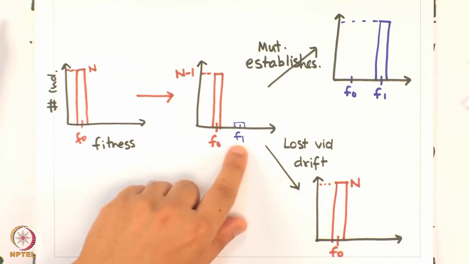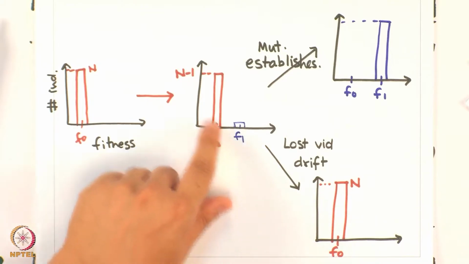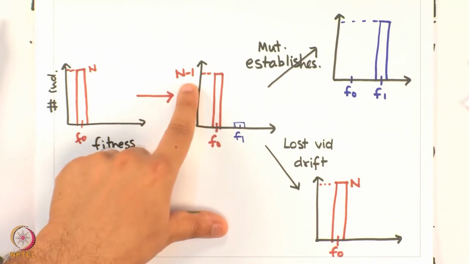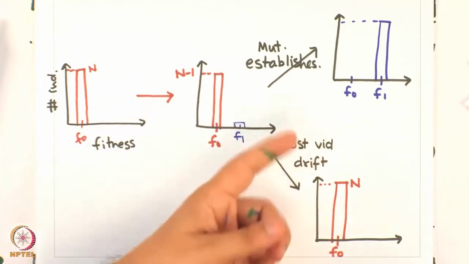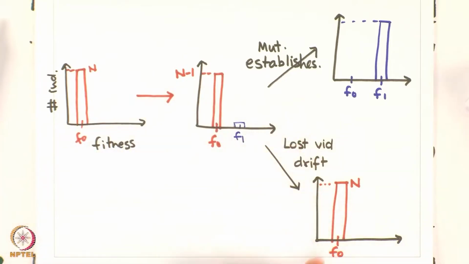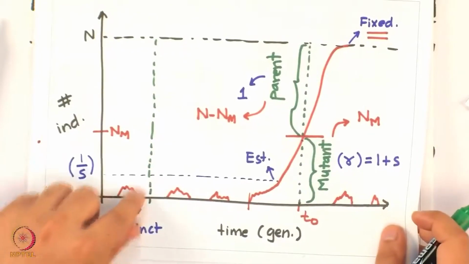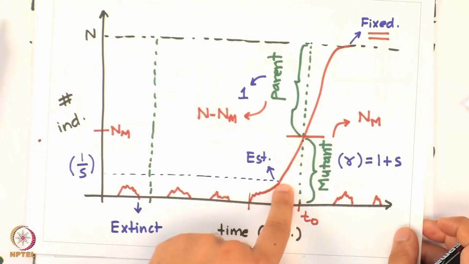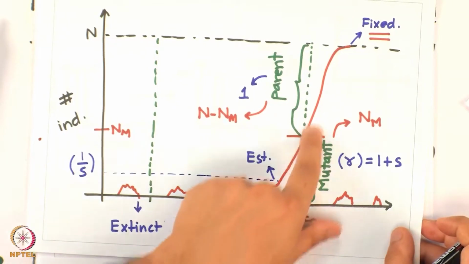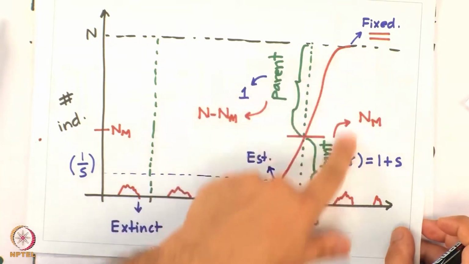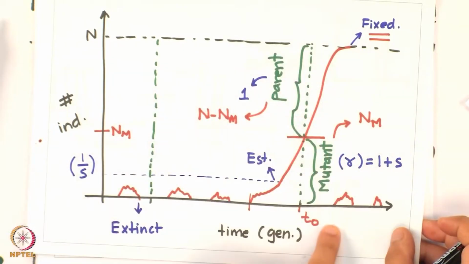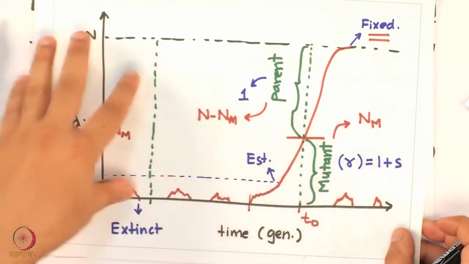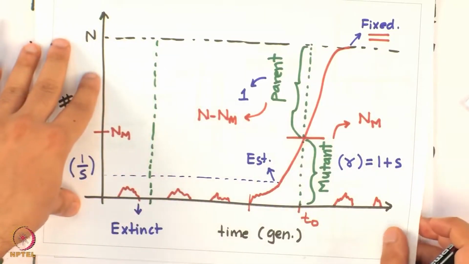So, that mutant got lost and we have a situation where the number of individuals belonging to the parent genotype went up from n minus 1 to n again, and hence we have n individuals at F0, which is exactly the same as this scenario. On the other hand, if the mutation is able to establish itself, it quickly goes to fixation and all individuals at this particular point belong to the mutant genotype and none belong to the parent genotype that we started with.